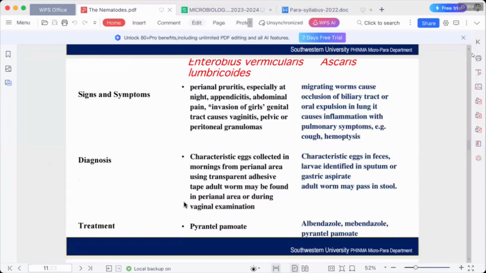The child cannot pinpoint if it's really painful or not, but the child is irritable and confused. Some enterobius can also cause genital tract infections like vaginitis and pelvic or peritoneal granulomas.